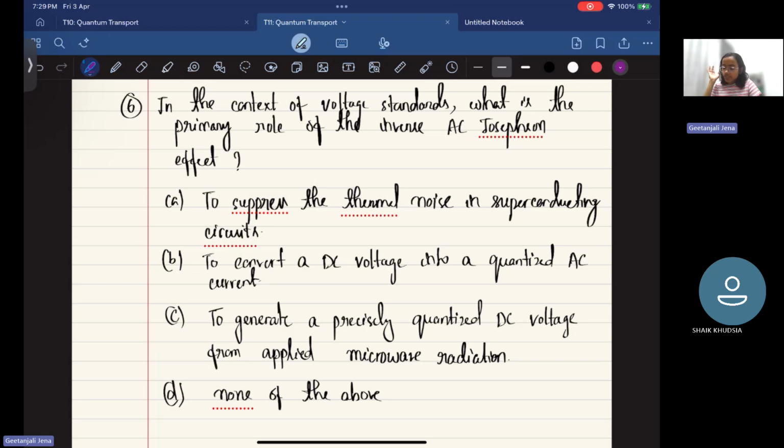So it basically asks what the inverse AC Josephson effect is doing in a voltage standard. Whether it is suppressing the thermal noise in the superconducting circuit, or converting the DC voltage to a quantized AC current, or generating a precisely quantized DC voltage from an applied microwave radiation, or none of these options are correct.